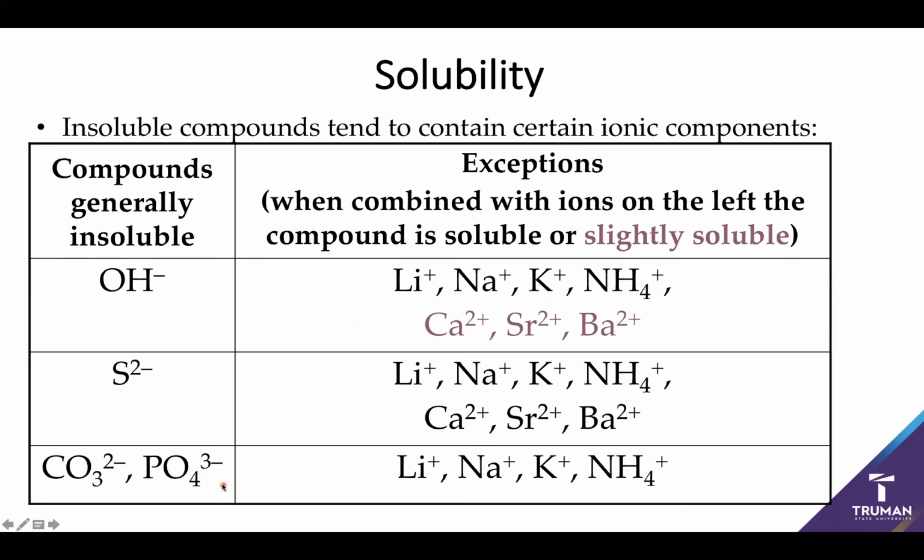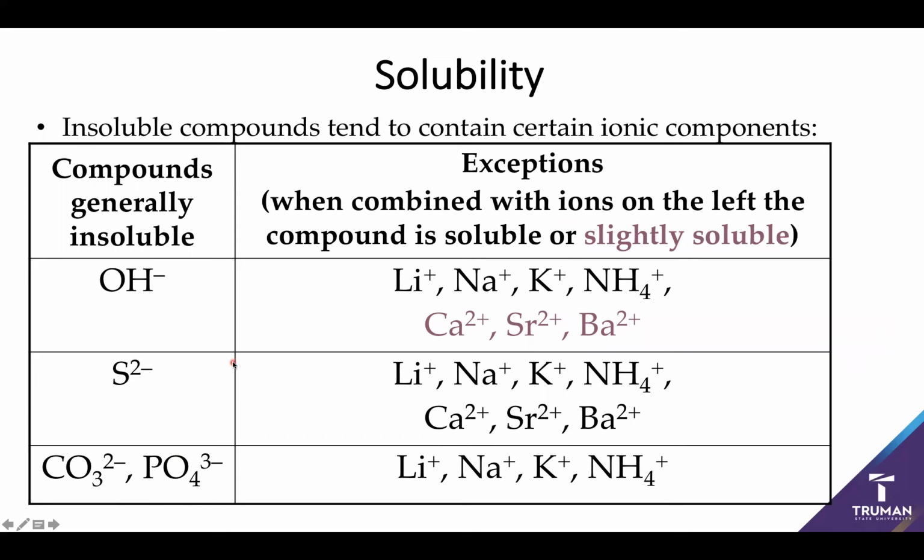On the converse side, if we're looking for things that tend to generally be insoluble, so will always form solids, hydroxides love making solids. The notable exceptions are going to be small cations, namely the ones we just ran into: lithium, sodium, potassium, and ammonia. And you'll notice that when we're talking about compounds that are generally insoluble, whether it's hydroxide, sulfide, carbonates, or phosphates, these four always lead the list.